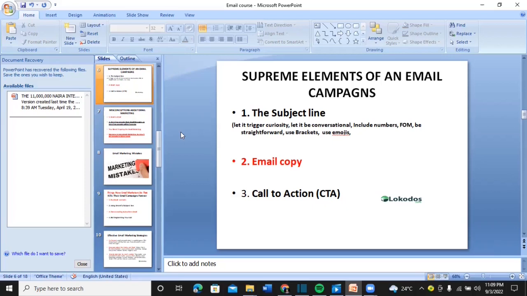Number two, let it be conversational. Make your email subject line conversational, as if you are trying to communicate something with them and they are supposed to reply to you. Next, include numbers. You get an email subject like 7-figure business in 90 days.